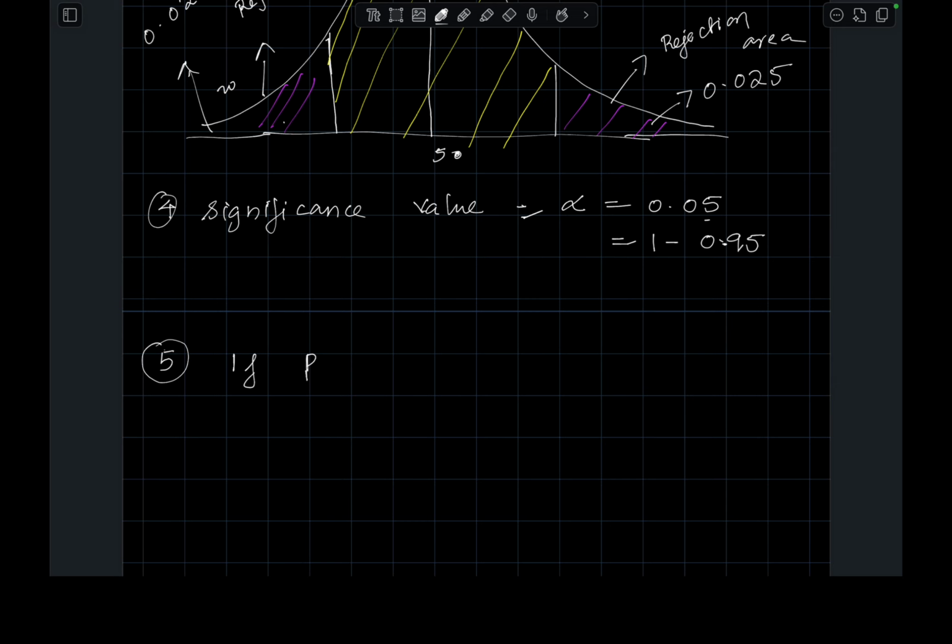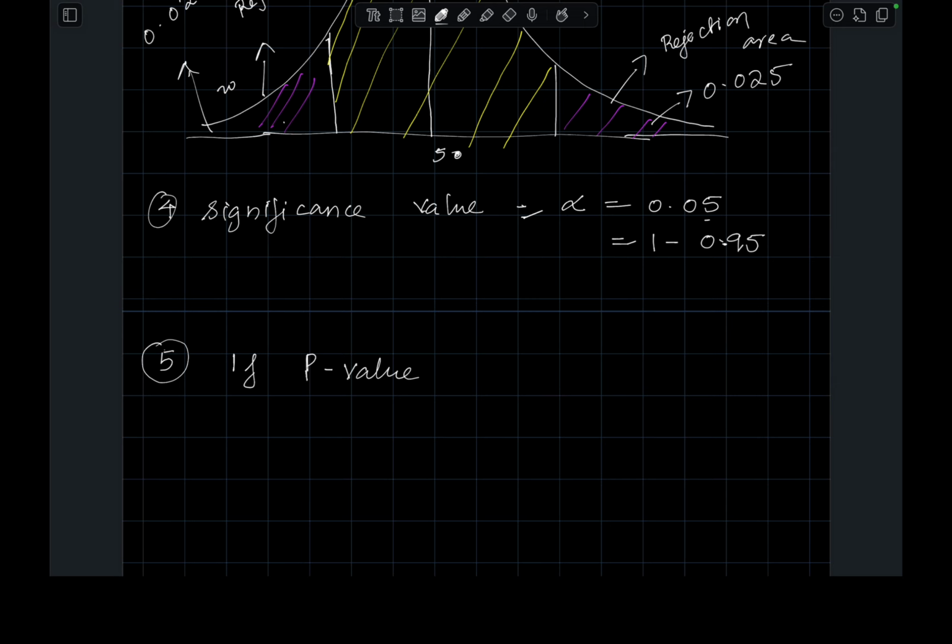As I said, the significance value is calculated as one minus the confidence interval value. Here we are taking 95 percent, so we will calculate it as 1 minus 0.95. Similarly, the p-value is not a universal value. According to the problem and our initial belief, it changes.